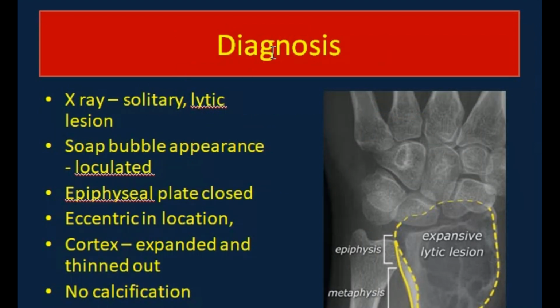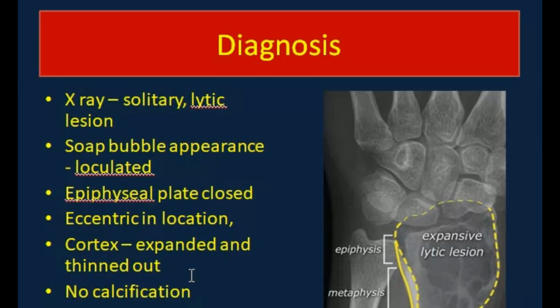Now, if we talk about the diagnosis, the modality that we use is X-ray or radiographical diagnosis, in which what we'll see is a solitary lytic lesion. A solitary means it's a single lesion, and lytic means it will cause lysis of the bone that it happens in. And the characteristic appearance that it shows is the soap bubble appearance. So why it appears like a soap bubble is because the trabeculae of the bone are seen separating the cavity of the tumor, so it appears as a soap bubble appearance.